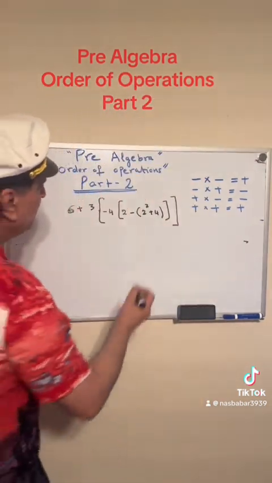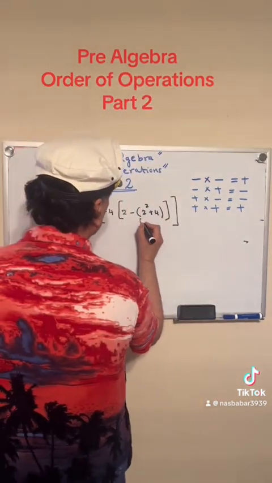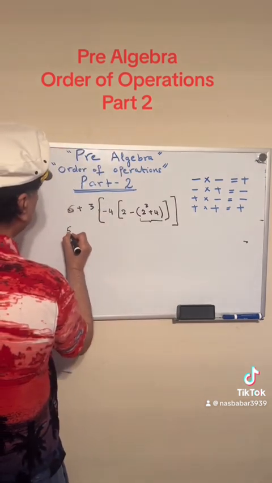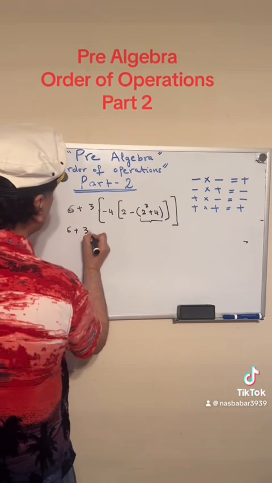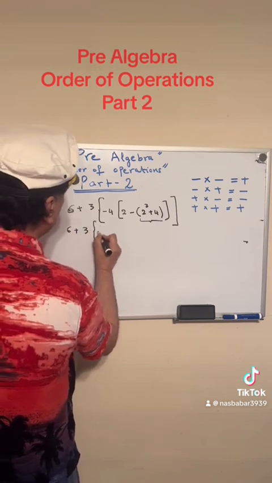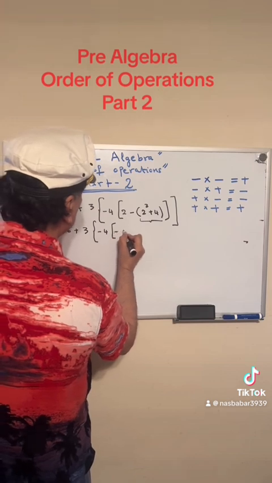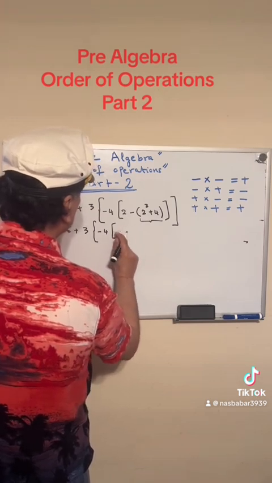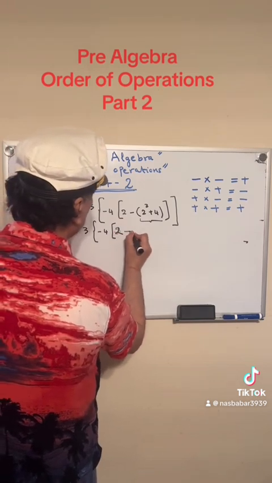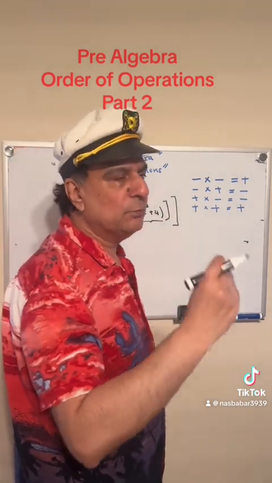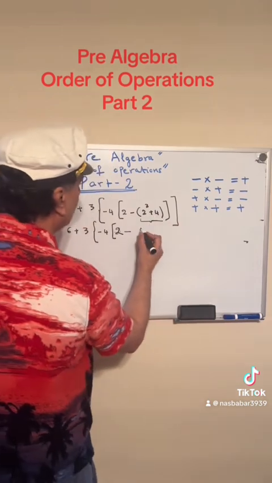So the first thing is we see the small parentheses. We solve for this first. I'm going to write everything the way it is. 6 plus 3, big parentheses, negative 4, then I have 2 minus, I'm going to open this up, 2 raised to power 3, that means 2 times 2 times 2 is 8, plus 4 is 12.